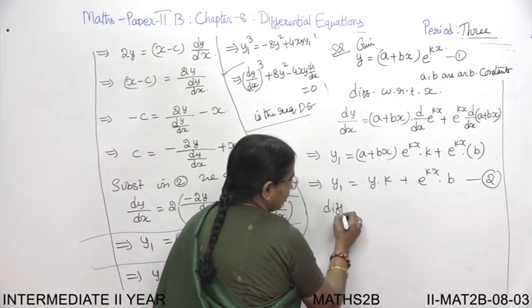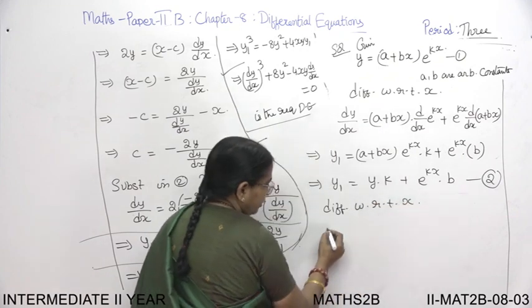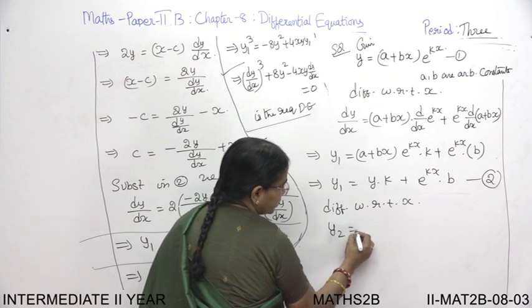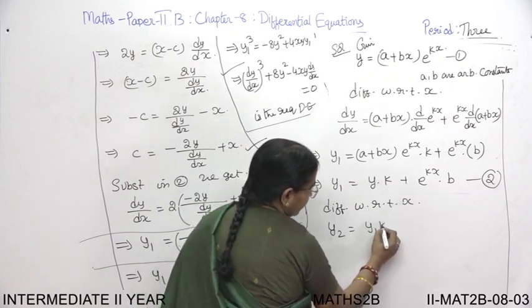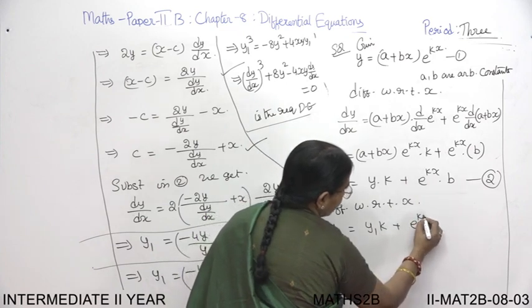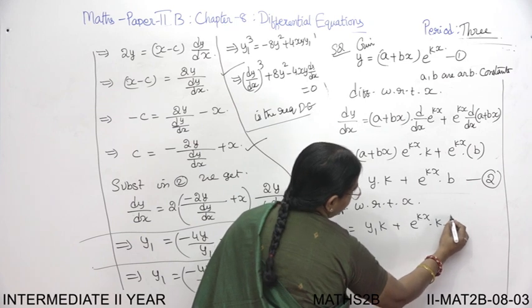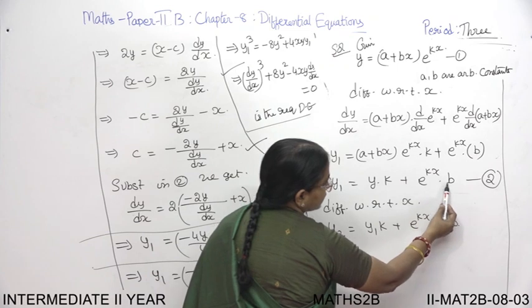Now again differentiating with respect to x. Derivative of y1 is y2 is equal to, k is constant, derivative of y is y1 k plus derivative of e power kx, another k, into b. Okay. Now here you have e power kx into b, no?